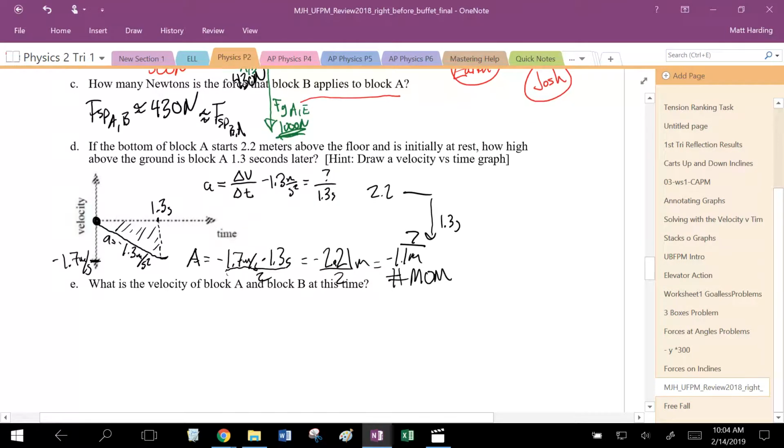What is the velocity of block A and B at this time? Negative 1.7 meters per second, okay?